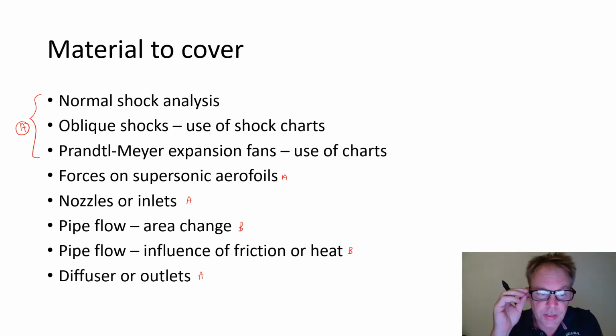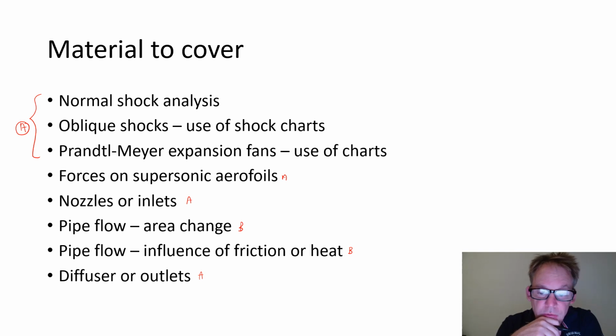In fact, in practical problems, when we're looking at flowing pipes which are changing diameter, or changing area, we also need to take into account the possibility of friction and also adding or taking heat away.